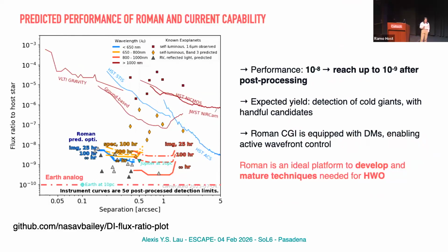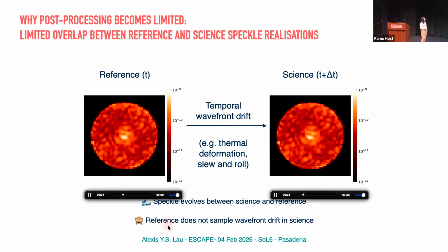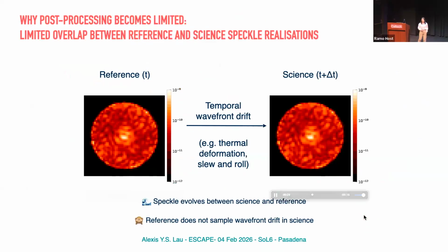However, for Roman, the baseline observing strategy is going to be RDI, and the post-processing detection limit is ultimately limited by how well the reference observations are able to sample the residual speckle variations in the science images. This limitation arises from the fact that we have a drift, because the speckles evolve in time.